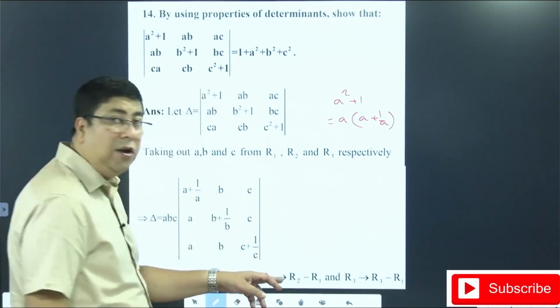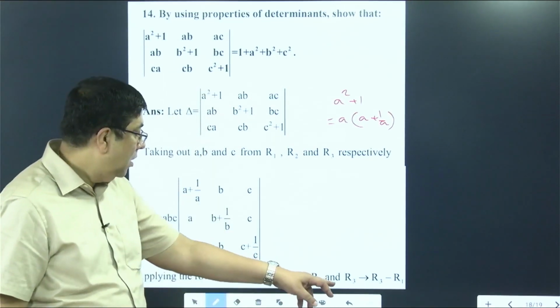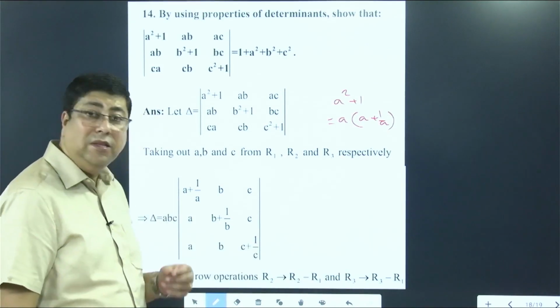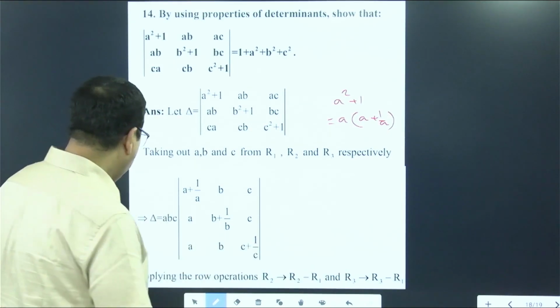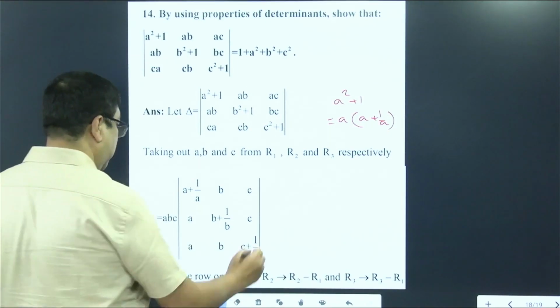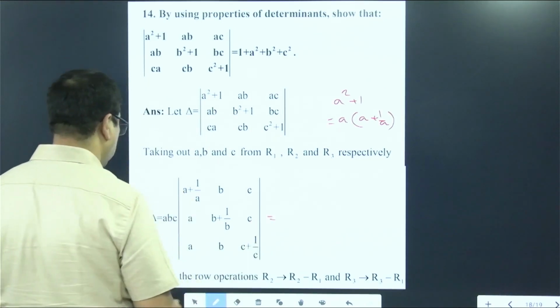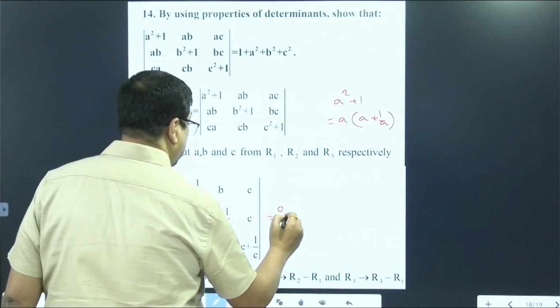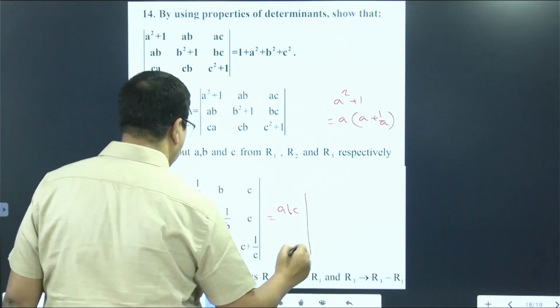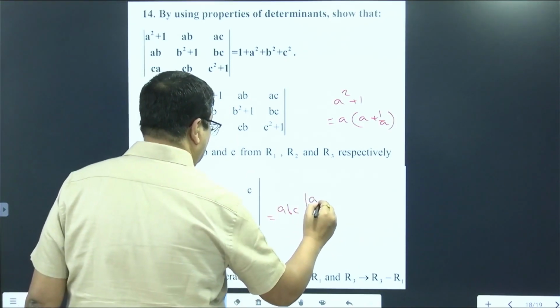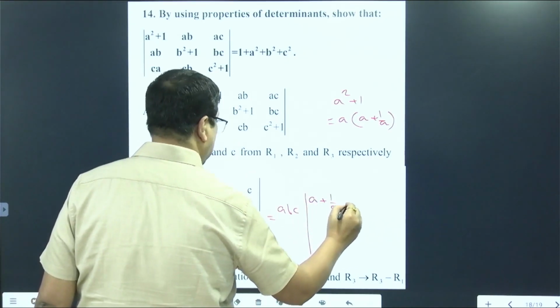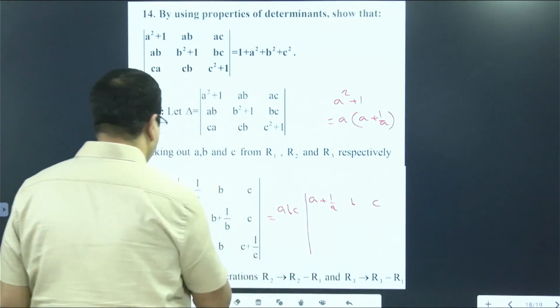Now let us operate R2 equals R2 minus R1, and R3 equals R3 minus R1. If we operate like this, what is coming? Let's see once. A, B, C outside, because we have taken common. R1 remains unchanged.